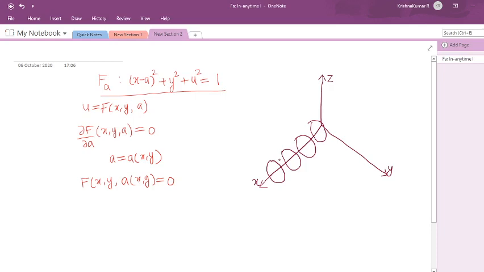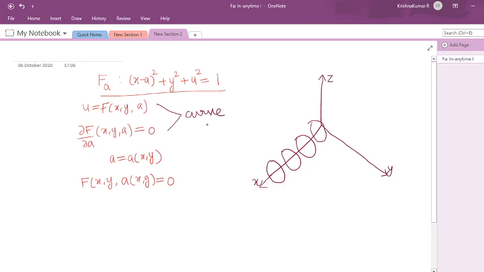So actually this is a surface. The intersection of two surfaces is a curve, and when you take the union of all these curves, we usually get the envelope.